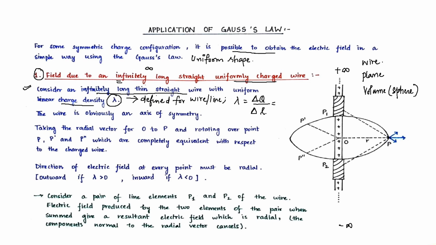If we consider the whole charge on the whole length, we can write q upon L. So if we want to know the charge present, we can multiply our linear charge density with the length of the given wire.